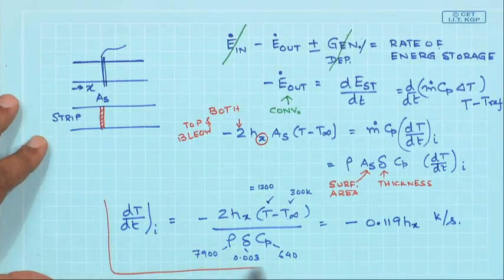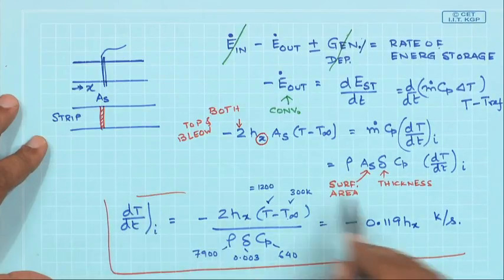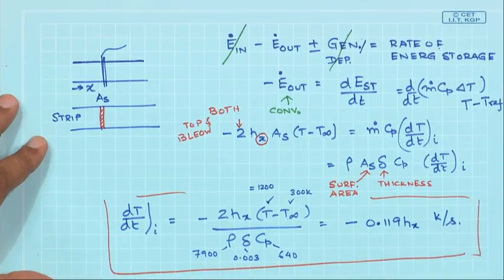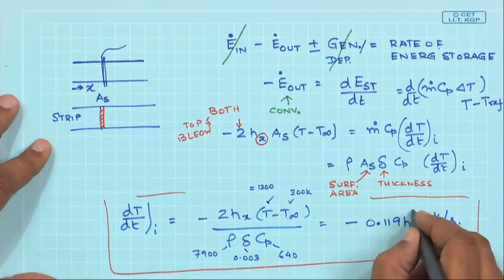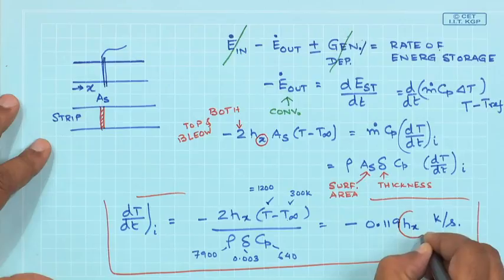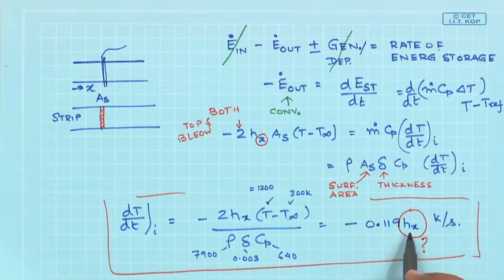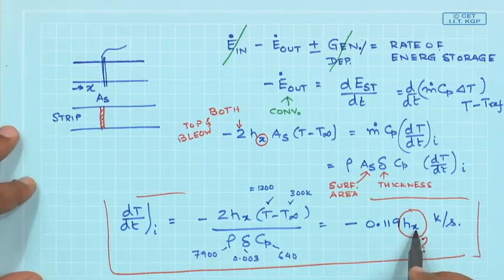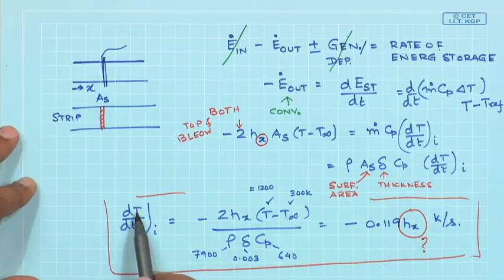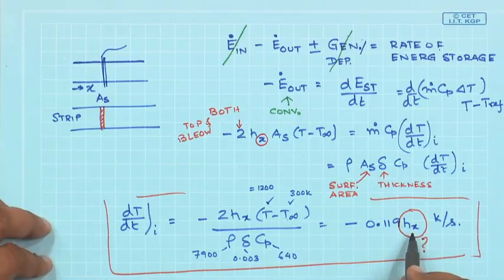So, this is from your fundamental modeling of the process. This is the expression, and the only unknown that you have to evaluate is the value of Hx, and since it depends on the actual location of the point at which you are measuring the temperature variation with time, the value of Hx at that location is to be evaluated.